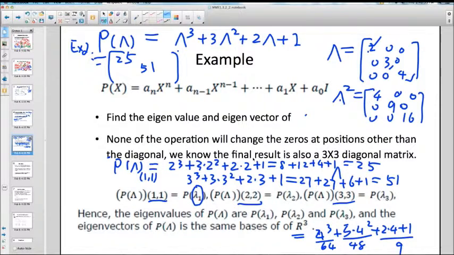It's going to be 112, then plus 9, 121. Then that's how you calculate a polynomial. I can calculate just by hand. So you see the advantage of this diagonal matrix.